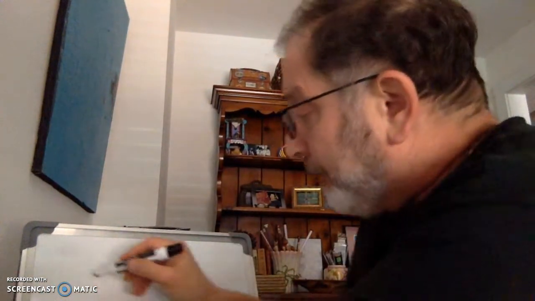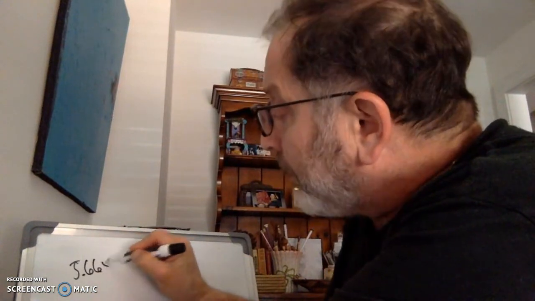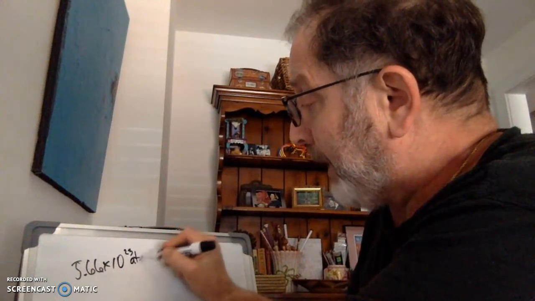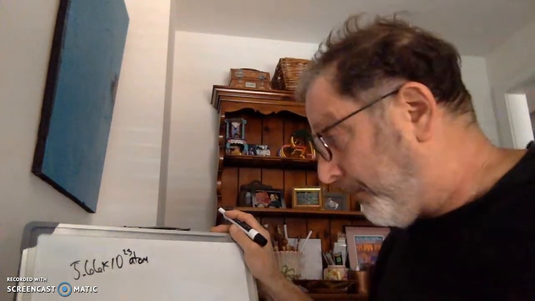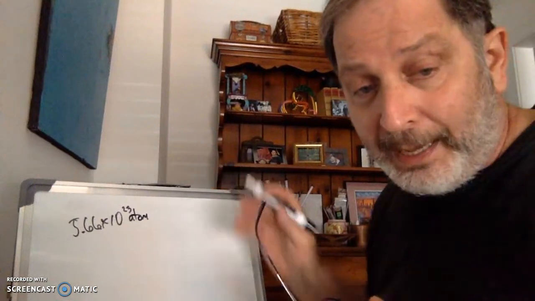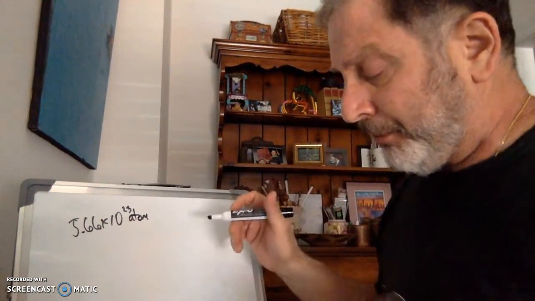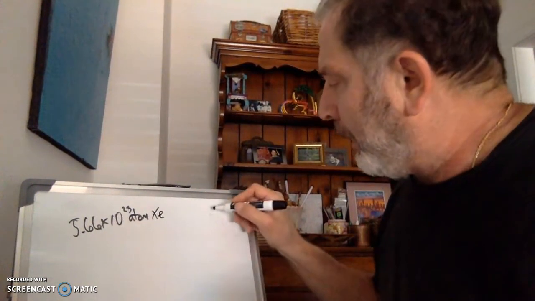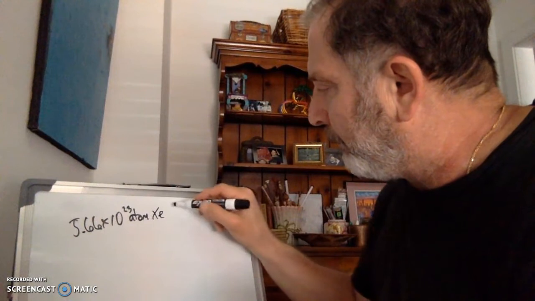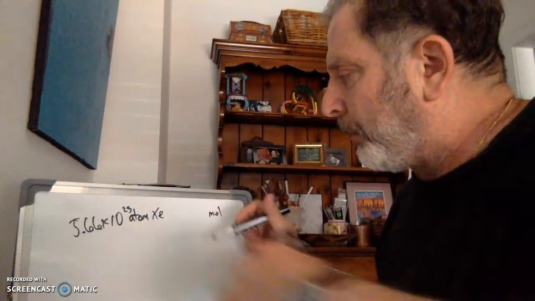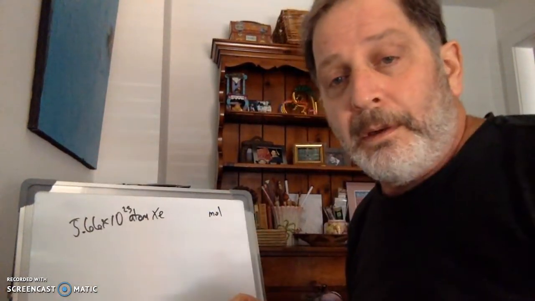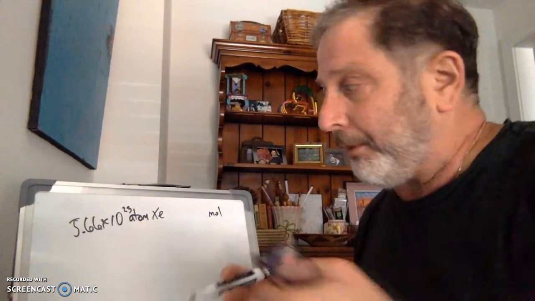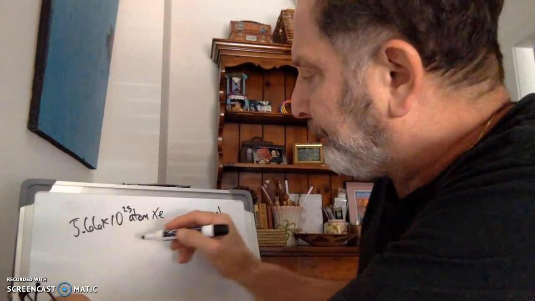If you have 5.66 times 10 to the 23rd atoms, that's a lot of atoms, right? 5.66 times 10 to the 23rd atoms of xenon, how many moles is that? How can I convert that into moles? By using our Avogadro's number, 6.022 times 10 to the 23rd, and applying it to this.